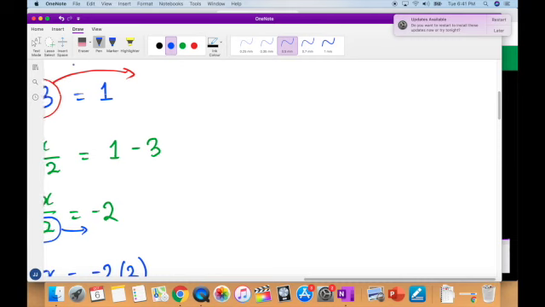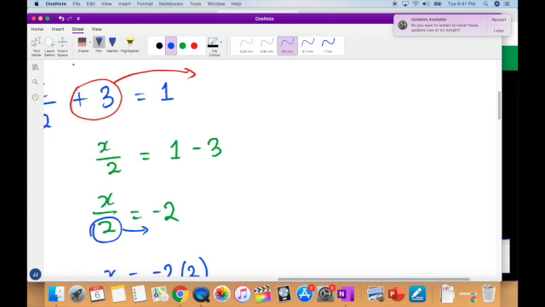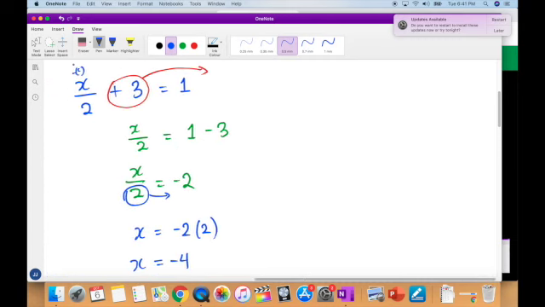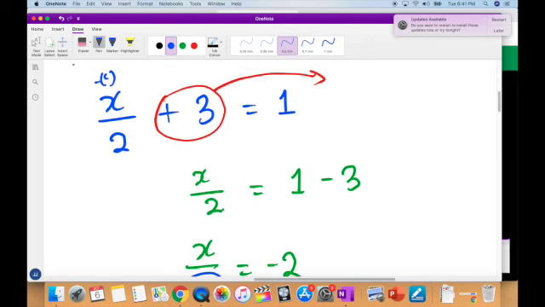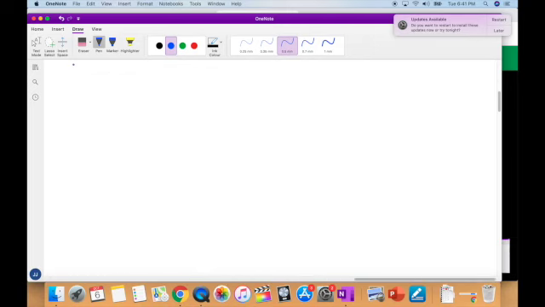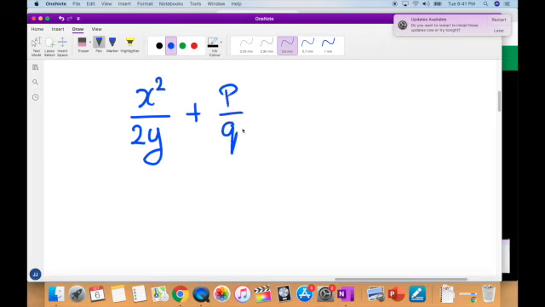Right? Now, what if I change it up a little bit? And what if I did this? X squared all over 2y plus p all over q is equal to z.